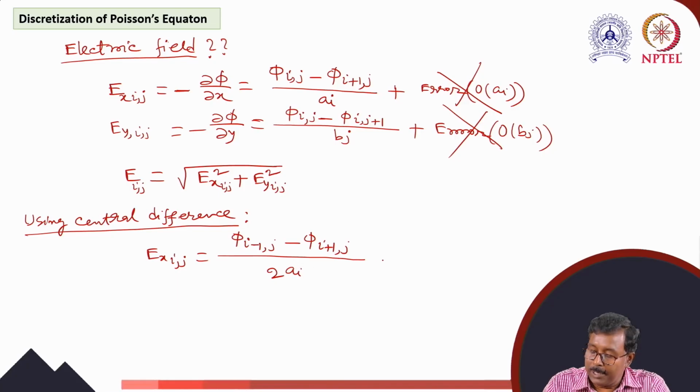Delta x is nothing but ai, plus an error of the order of delta x square or ai square.